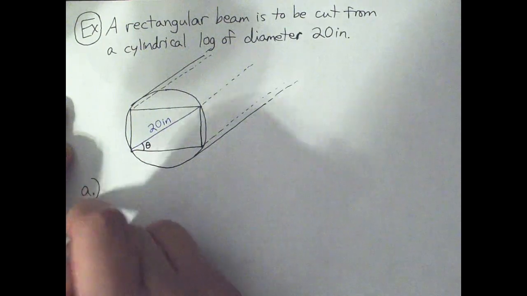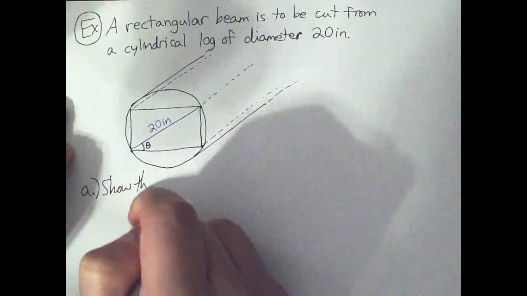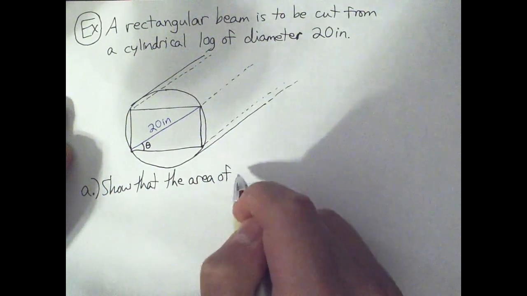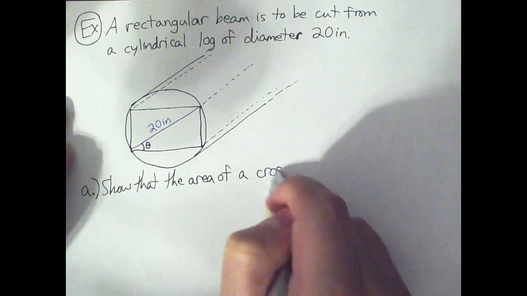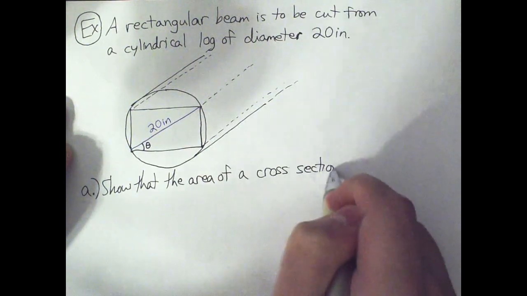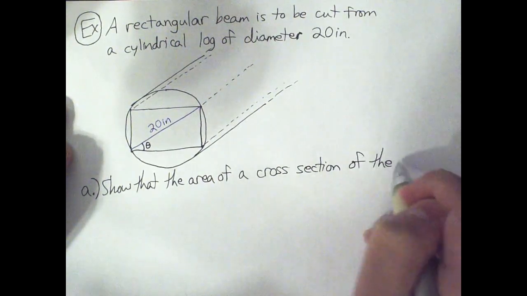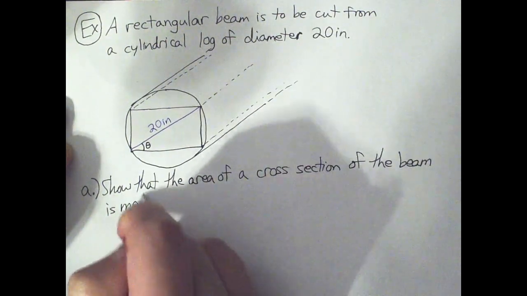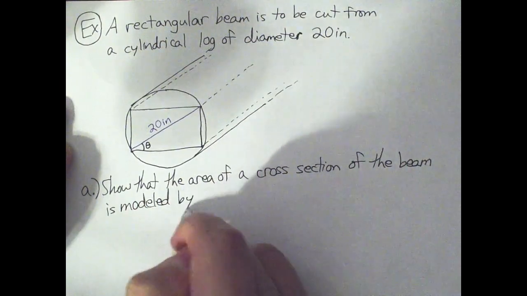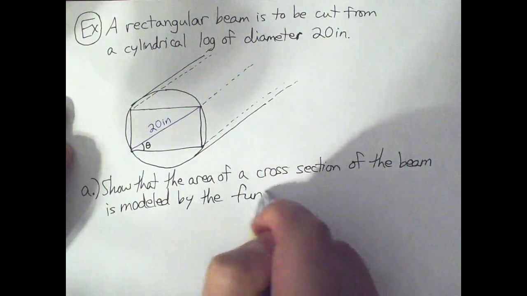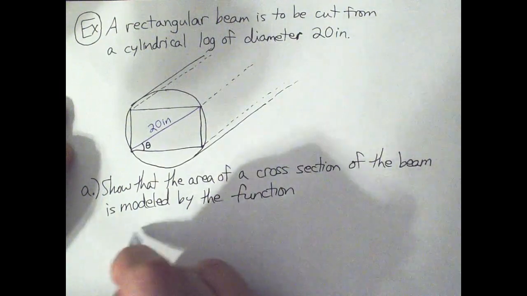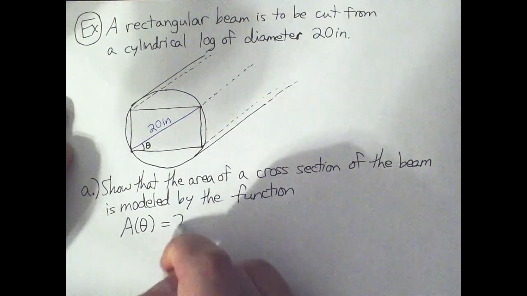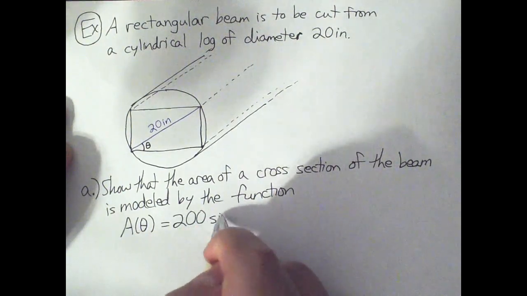All right, part A. Show that the area of a cross-section of the beam, the rectangular beam, is modeled by the function A of theta equals 200 sine 2 theta.